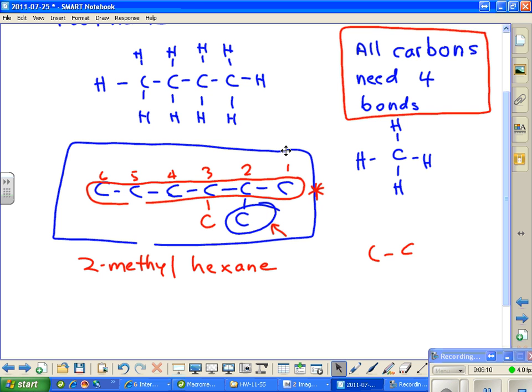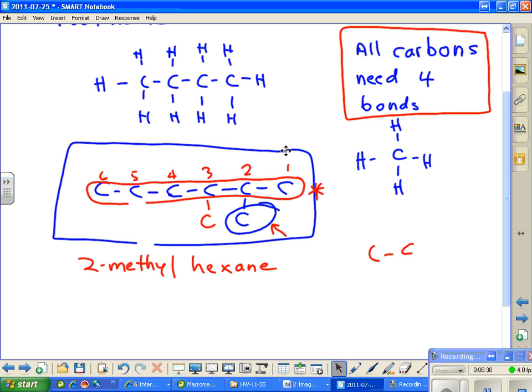Because methane would be the guy that has the 4th hydrogen on there. When I take that 4th hydrogen off, now I have a methyl group, and that's what I'm sticking in at any particular place here. Did that make sense? Yeah. Okay, good.